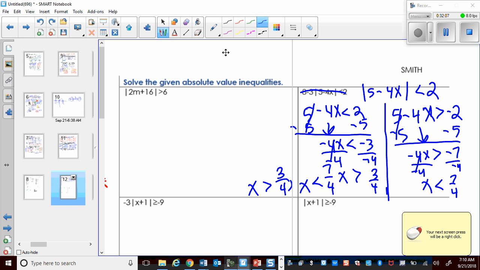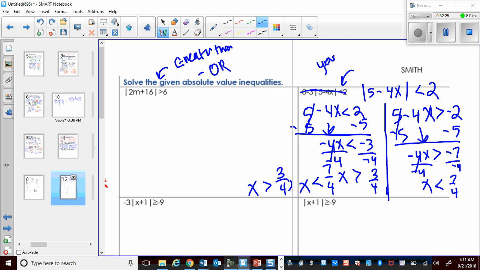What you're going to find is typically, if you look at your beginning symbol here, if it's greater than, you will create an or statement. If it's less than, you will create an and statement. Okay? So this and statement looks like this. 3 over 4, the smaller number comes first, is less than x, is less than 7 over 4. Okay? And that's my solution.